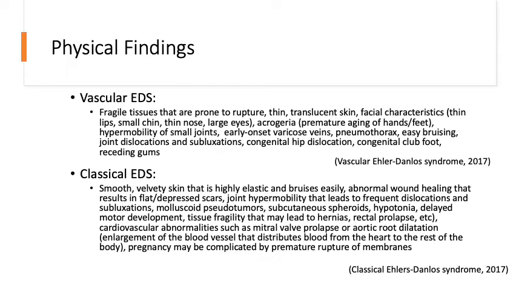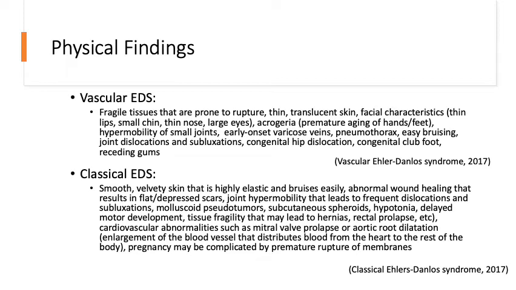With so much variation in the physical findings for each condition, I wanted to focus on the three most common types. Vascular EDS is the most serious with the poorest prognosis, particularly because of the risk of spontaneous arterial or organ rupture.